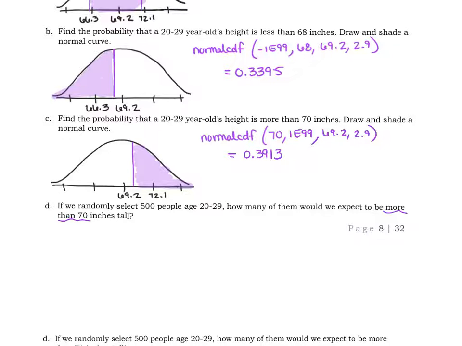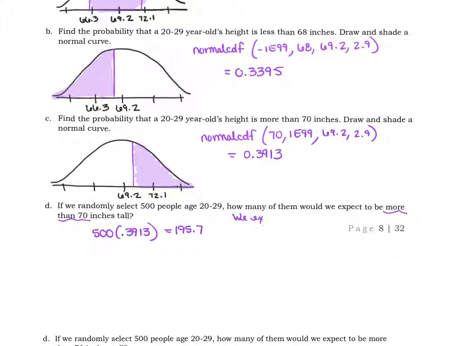So again, from part C, we just found out the probability they're more than 70 inches tall is about 39.13%. So multiply the decimal form, the probability you just found, and we will find about 195.7, again rounding to the nearest tenth.